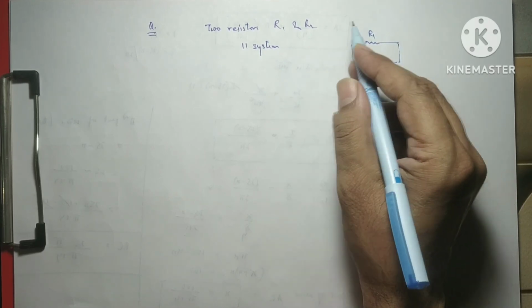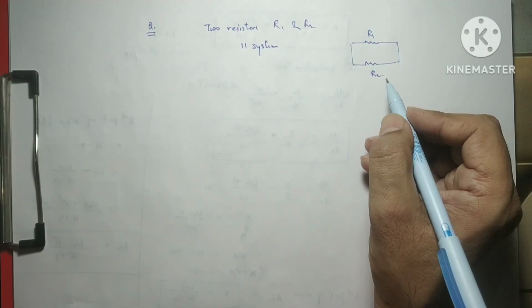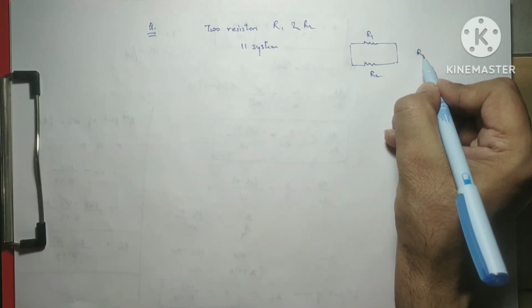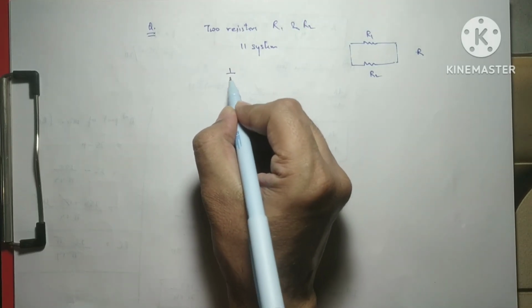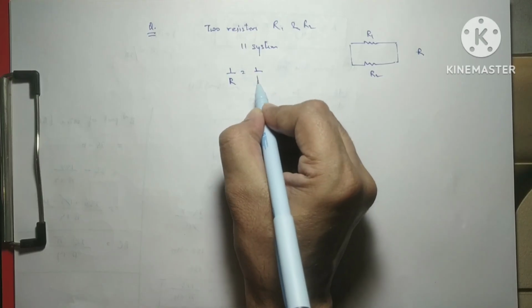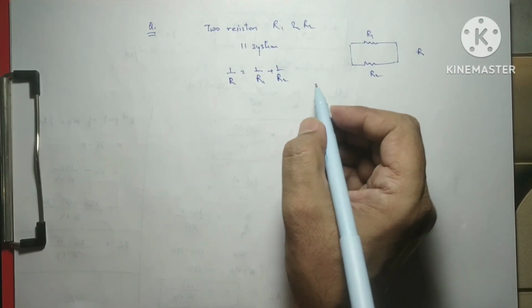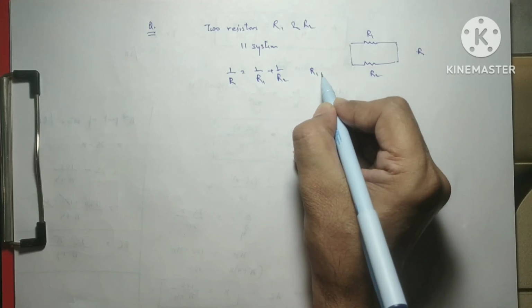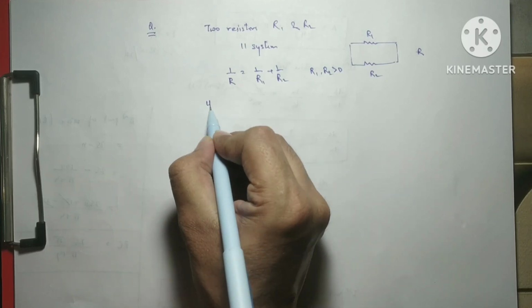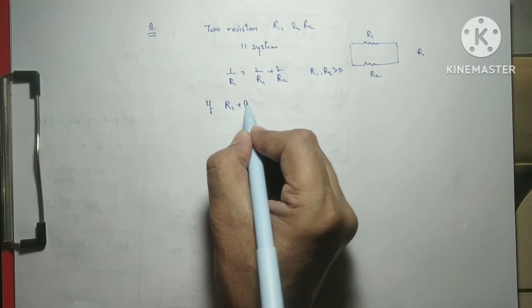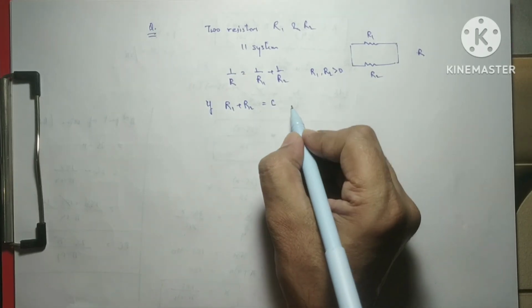And the equivalent resistance of this is R. So that is the R value, and in case of a parallel system the relation is 1 over R is 1 over R1 plus 1 over R2, and it is given that the values of R1 and R2 are positive, and R1 plus R2, the summation of these two, is constant.